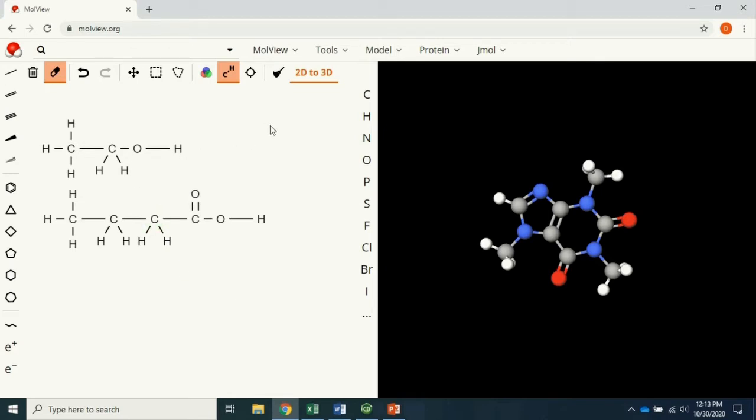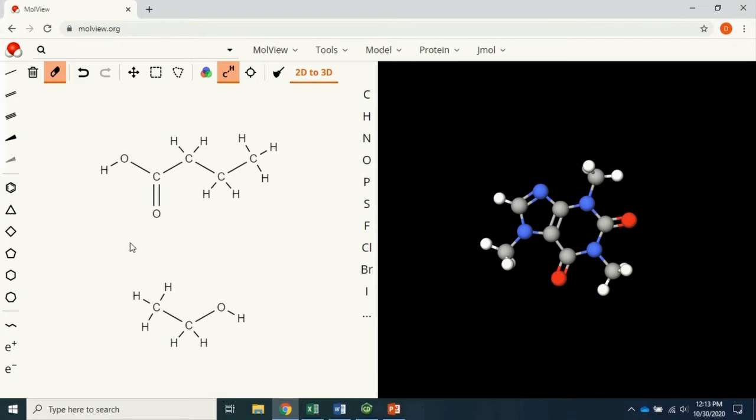The good feature of using MolView is that it also helps you to clean up structures. So let's clean up the structure. So this has become our ethanol, and that is your butyric acid. So I'm going to move this up closer.